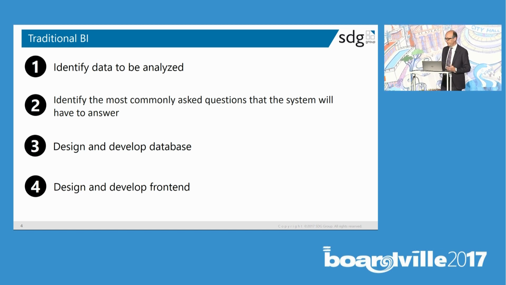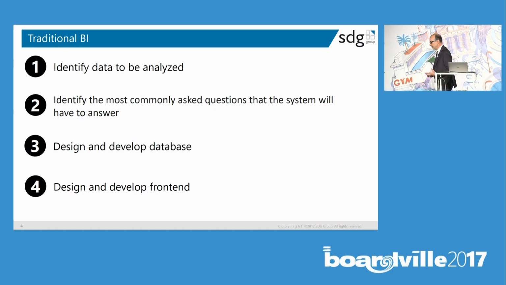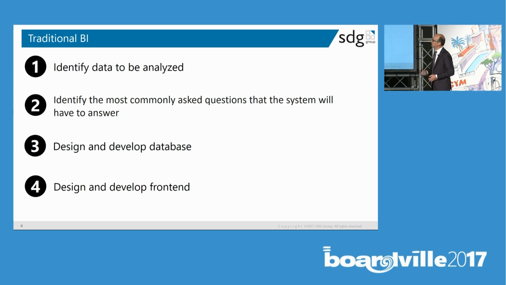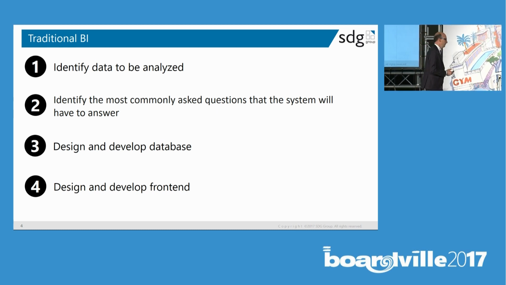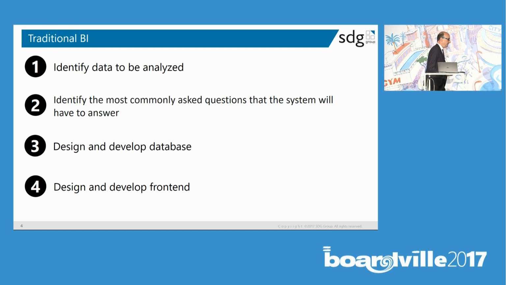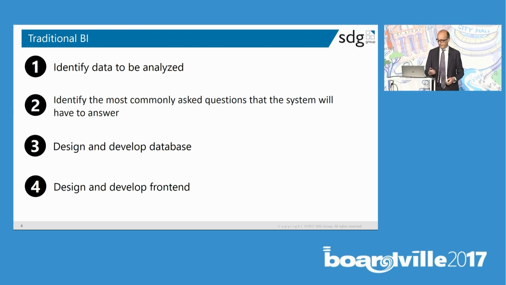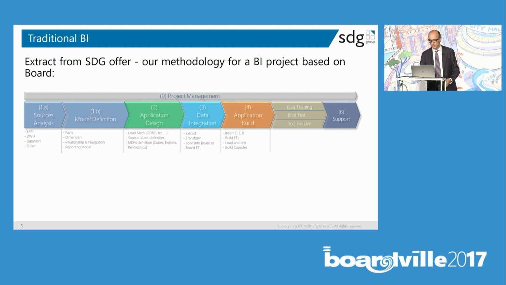Then, when we have found these questions, of course, we start to design and develop the database, and design and develop the front end that in Board are, as you know, capsules.